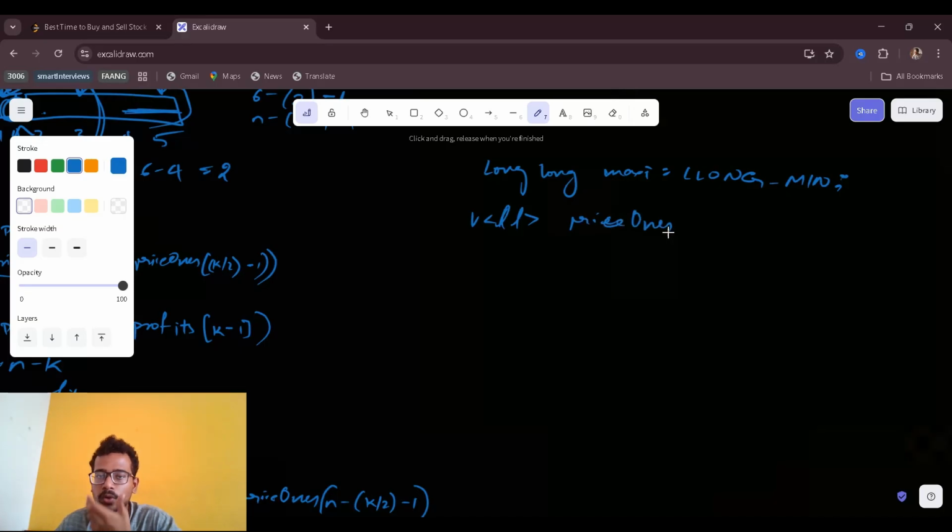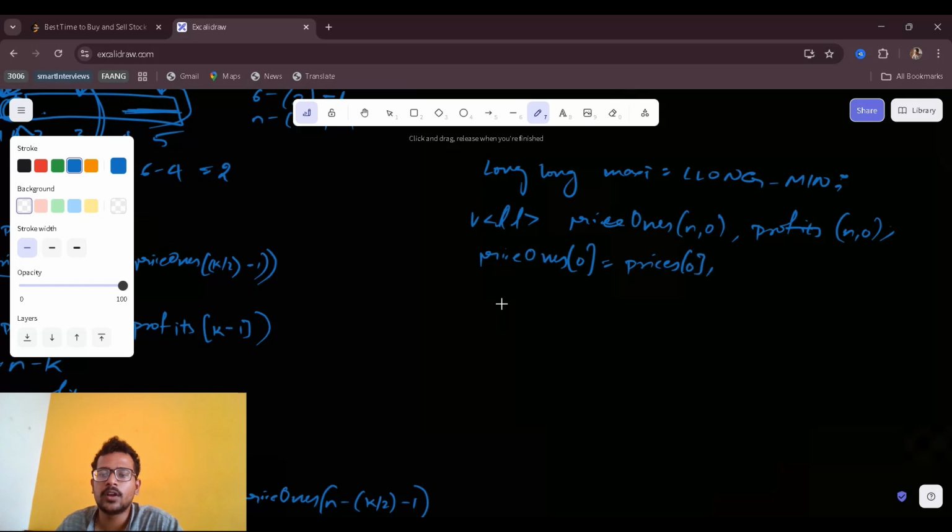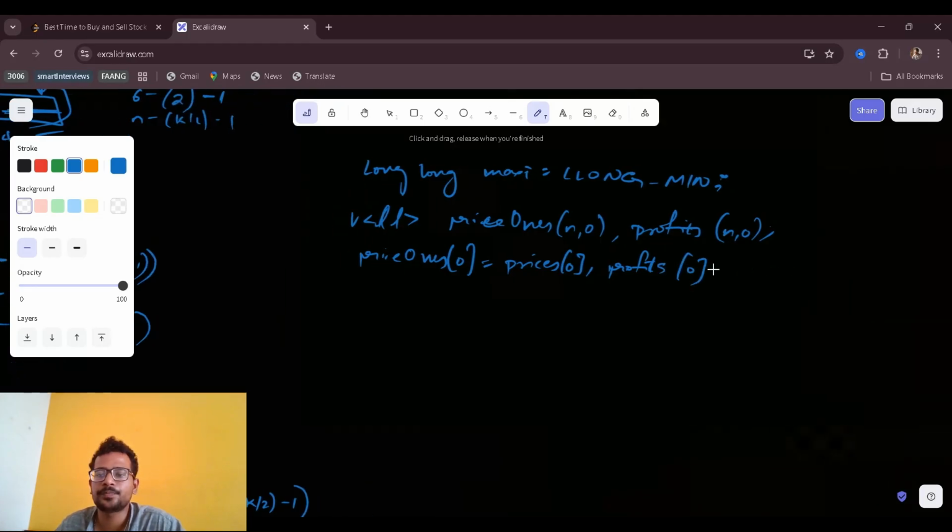Now vector of long, I'm taking prices ones. So if you don't know how to get this prefix sum, stay here. So prices ones and profits of n comma 0. Now prices ones of 0 is equal to prices of 0. Now profits of 0 is equal to prices of 0 into strategy of 0.